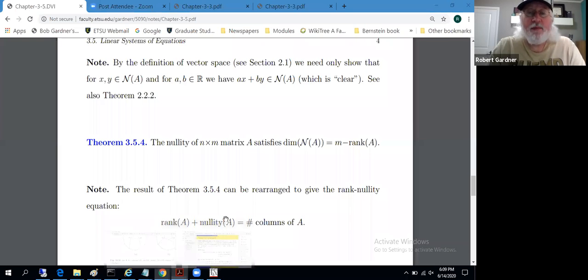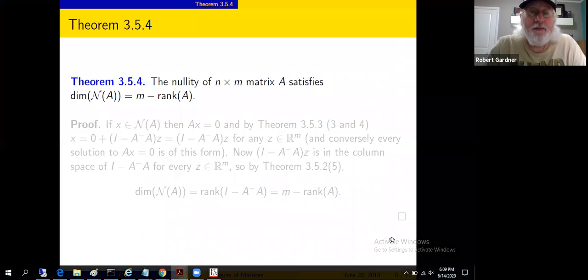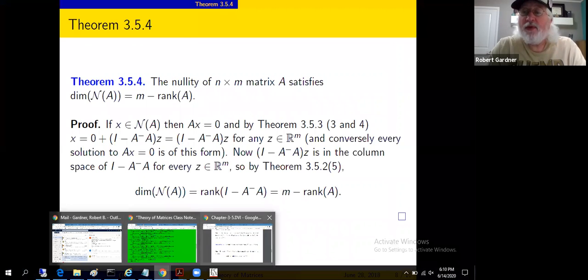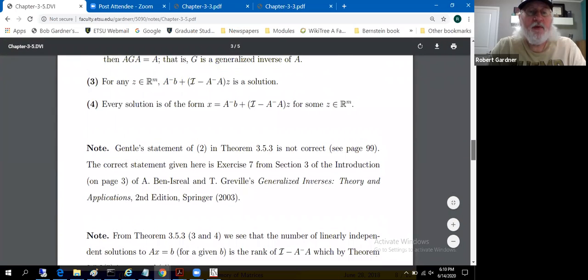Okay, let's go through the proof of 3.5.4. If we take an element of the null space, by definition, that element x satisfies Ax = 0. And we know that we can write solutions in a certain form. Let's take theorem 5.3, to see specifically where we're aiming.